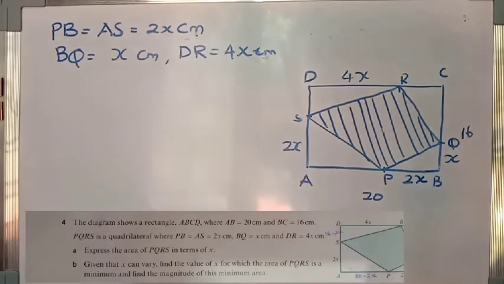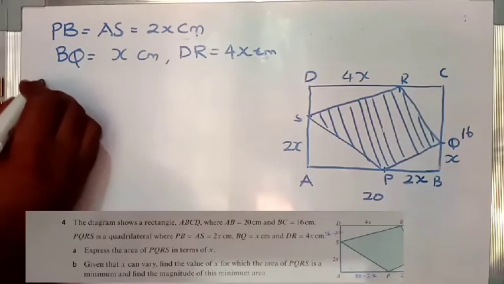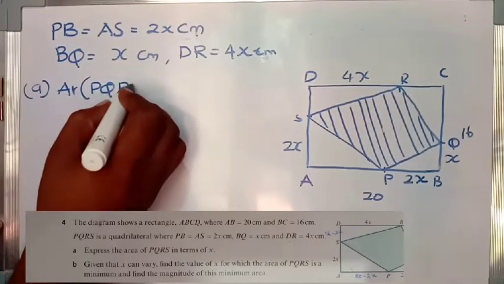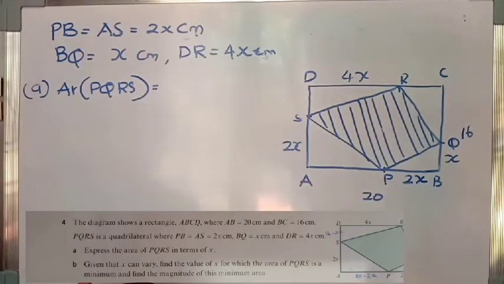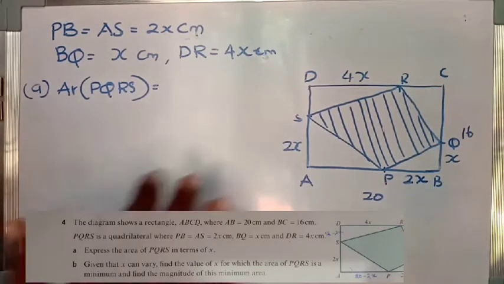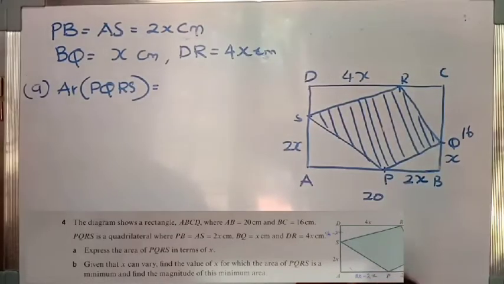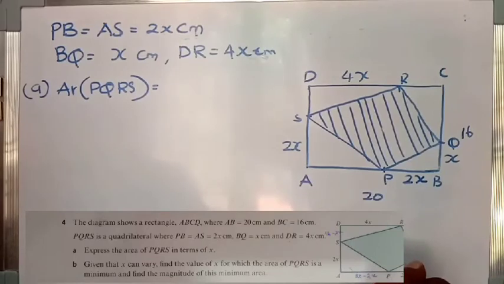Question A is: express the area of PQRS in terms of x. So we want the area of PQRS, that means the area of this shaded region, and you can see the shaded region is a quadrilateral. Directly it is difficult for us to find the area.